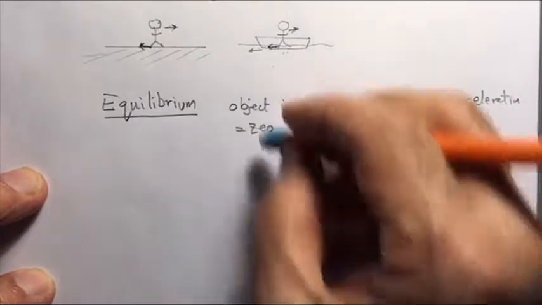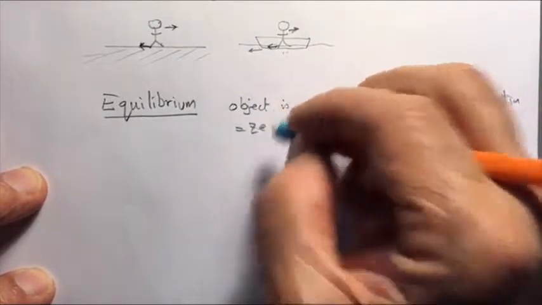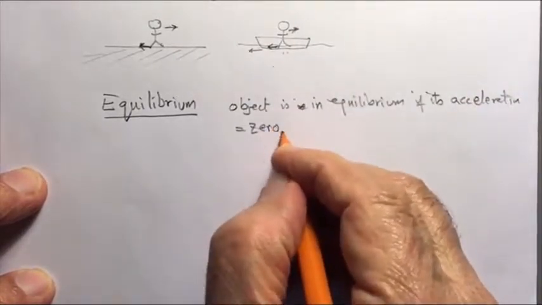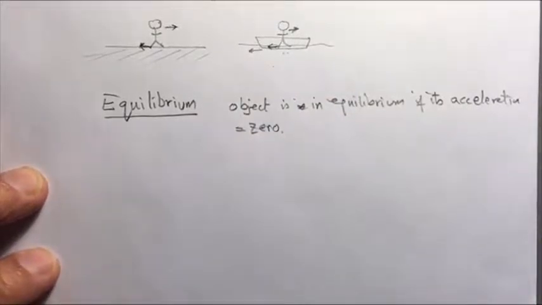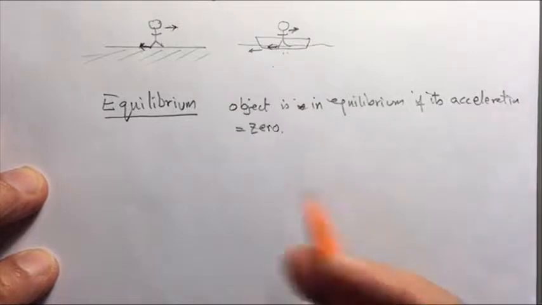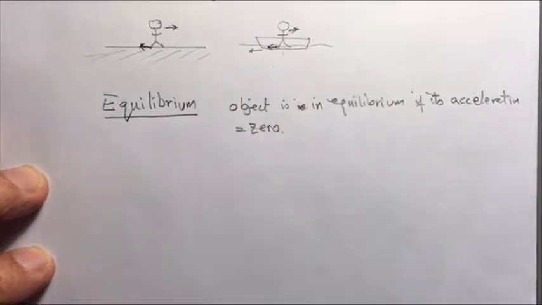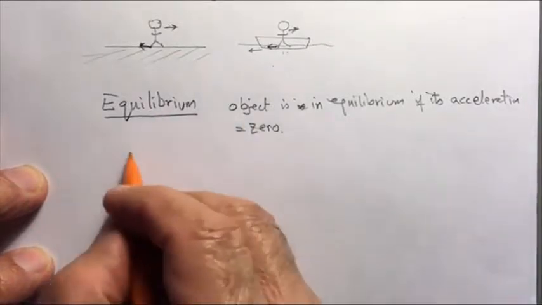That is, it has no acceleration. So an object that has no acceleration is in a state of rest. It is in equilibrium.